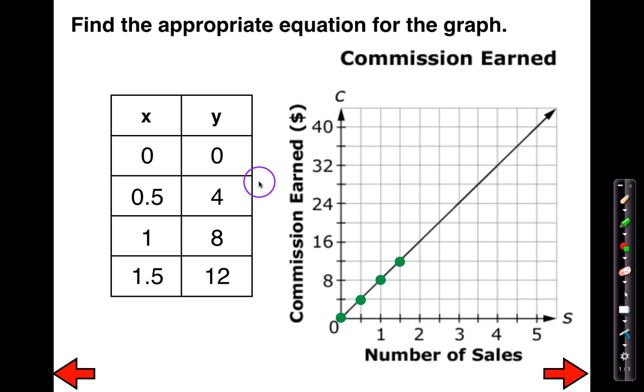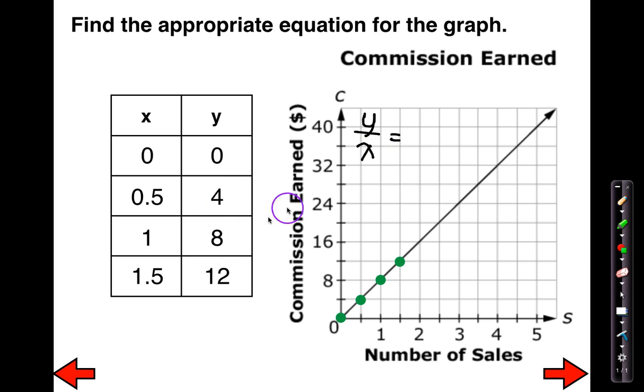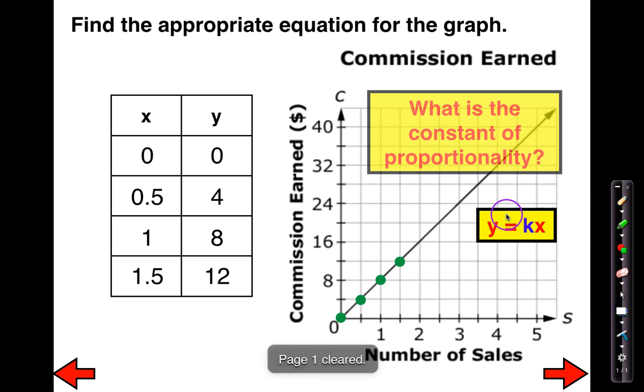So in order to find the constant of proportionality, you're going to set it up as y over x. So I'm going to go ahead and just write it right here because I have space, as y over x. So in this case, let's choose a nice one like 8 over 1. In fact, let me back up for a second. If I asked you what's the constant of proportionality, okay, it's in the form of y equals kx for sure.